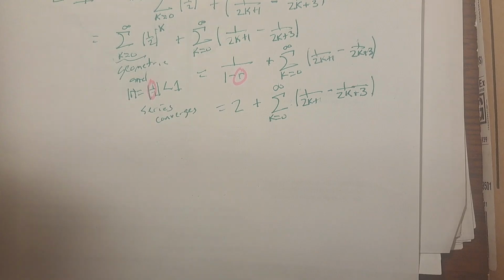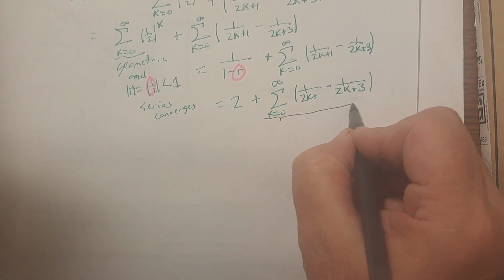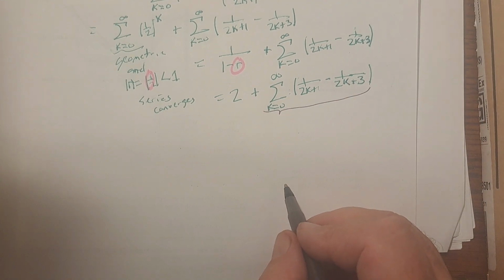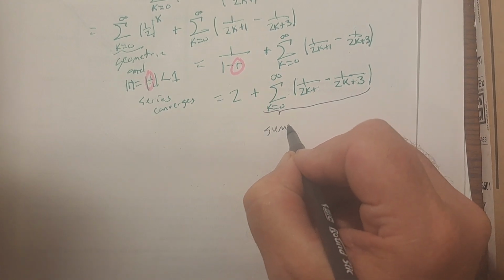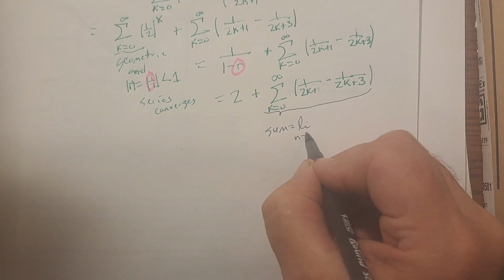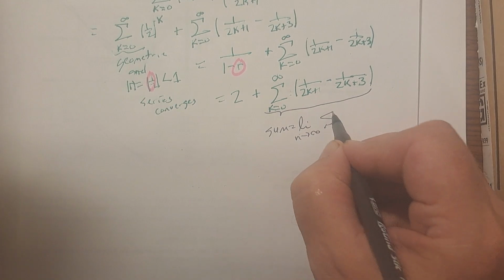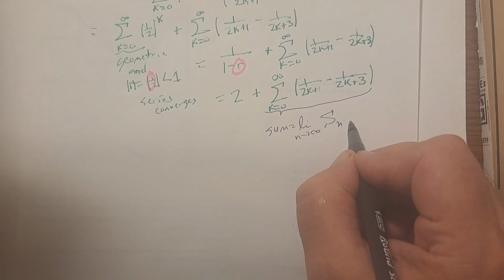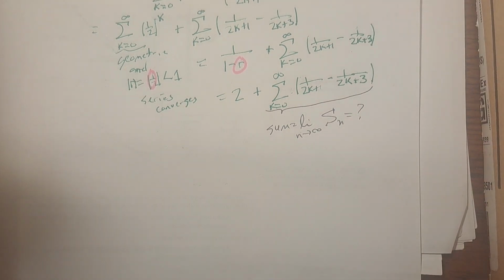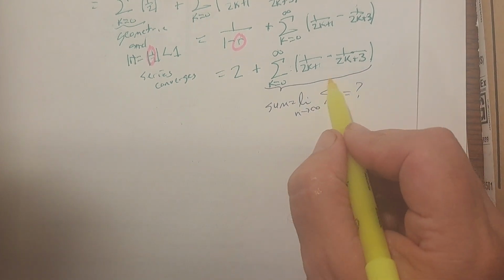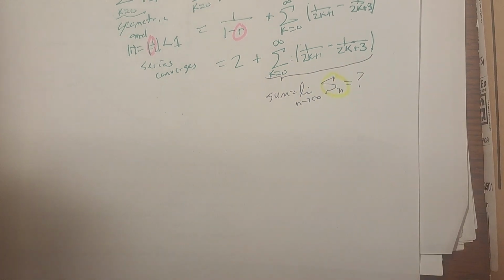So this guy, if we had a formula for the nth partial sum, we would just use the fact that the sum would have to be the limit as n goes to infinity of the nth partial sum. To do that, we'll have to come up with a formula for the nth partial sum, which in general is a hard thing to do, but it is going to be possible for this one.